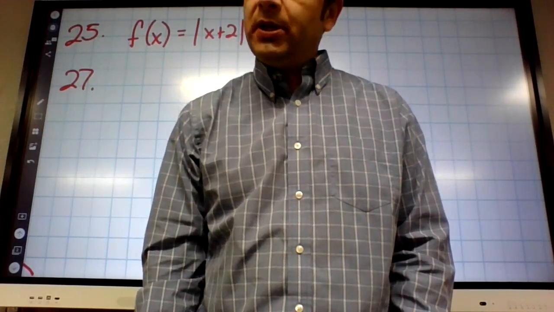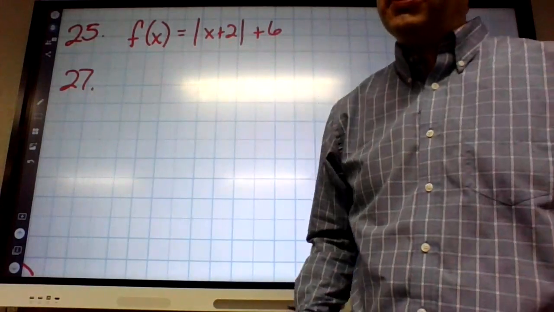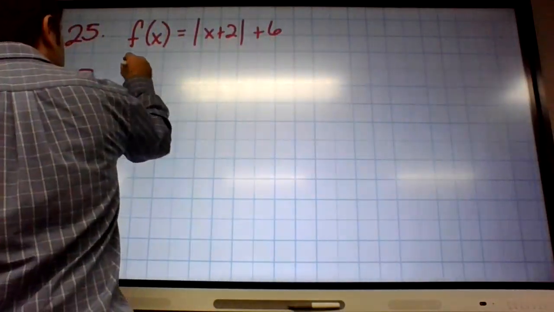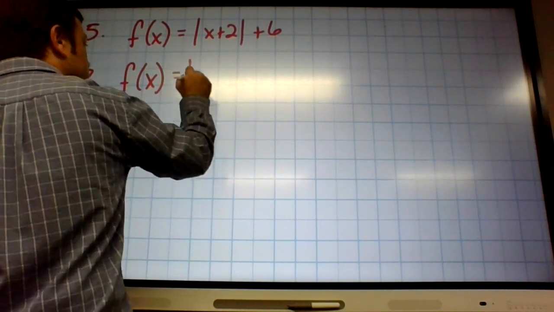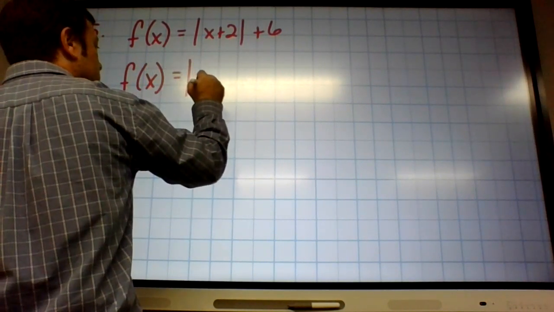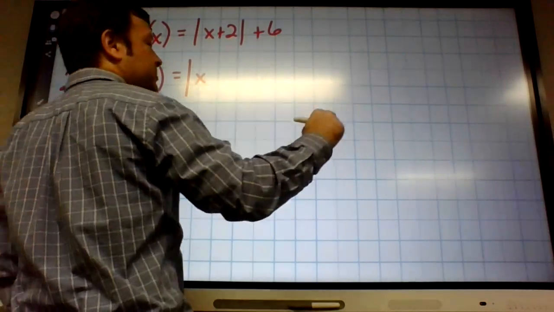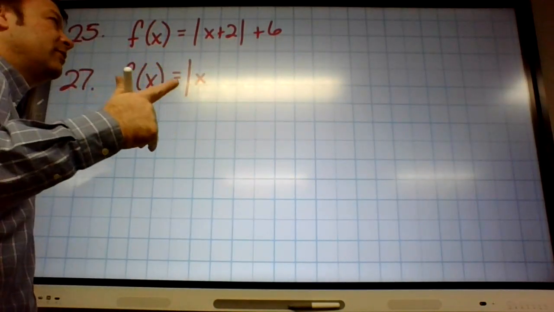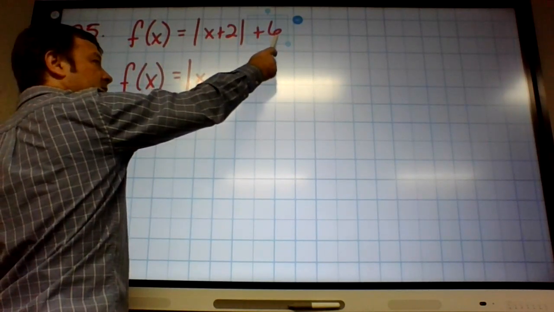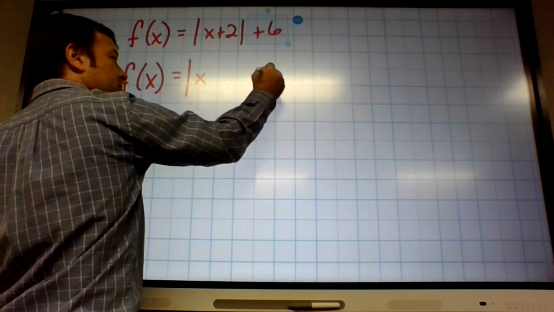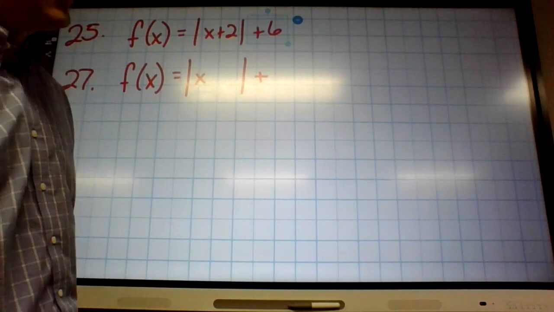Okay, Wyatt, 27. How do we go 5.9 up and 6.23 to the right? It would be x, an absolute value, plus 5.9. No. Okay, they kind of switched it around on us. How do I go 5.9 up? On the last one, this was 6 up right here. So that plus whatever should be outside the absolute value. 5.9.